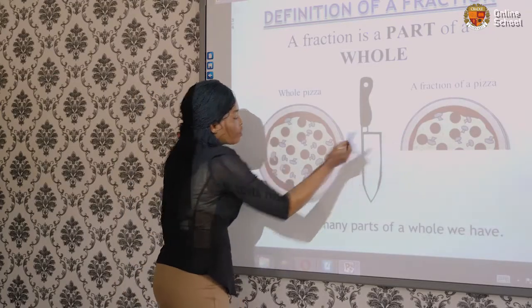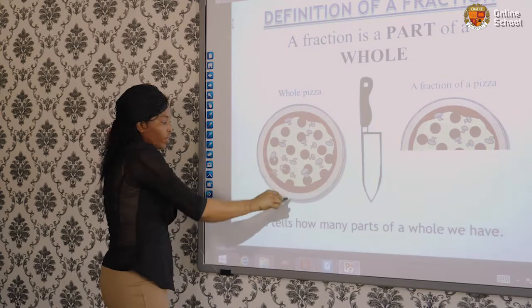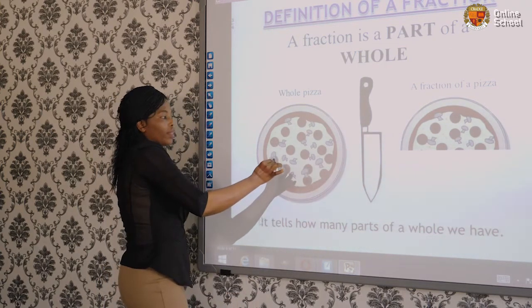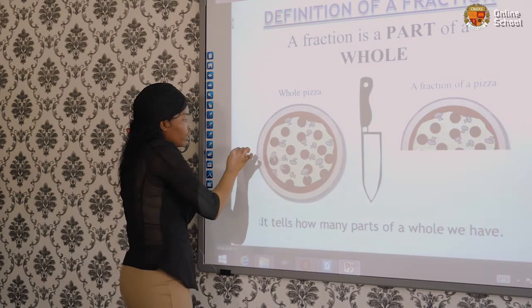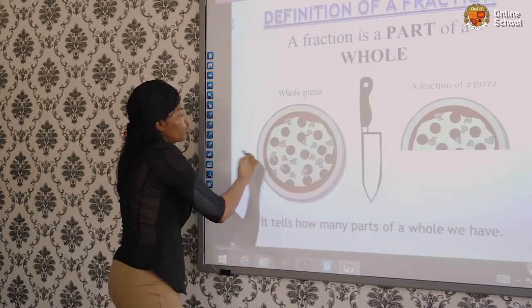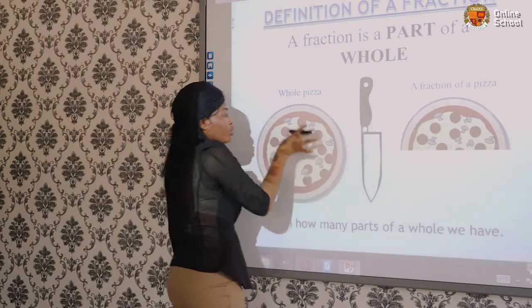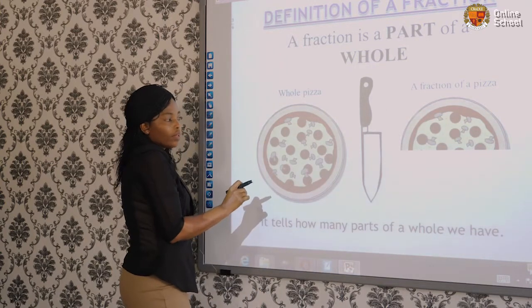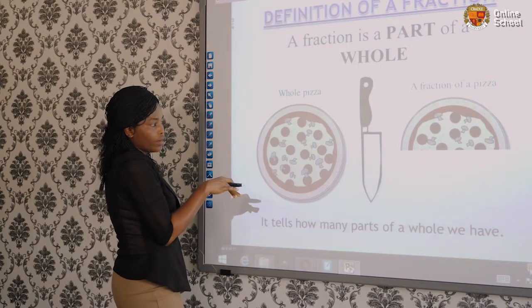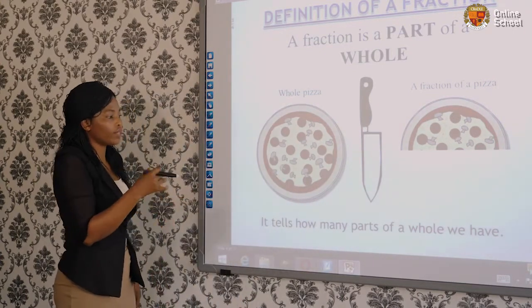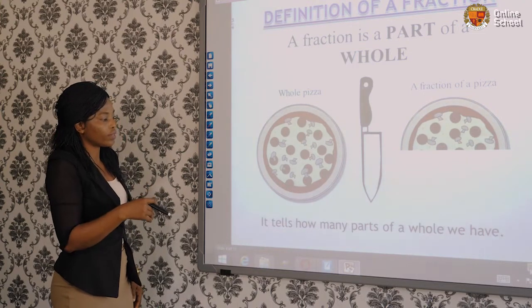This is 1 whole, and this is 1 part out of this whole. The person divided the pizza into 2, and then you have the half there. This is 1 out of the 2 parts. This is 1/2, and we call it half. Okay, let's go and we'll get more examples.